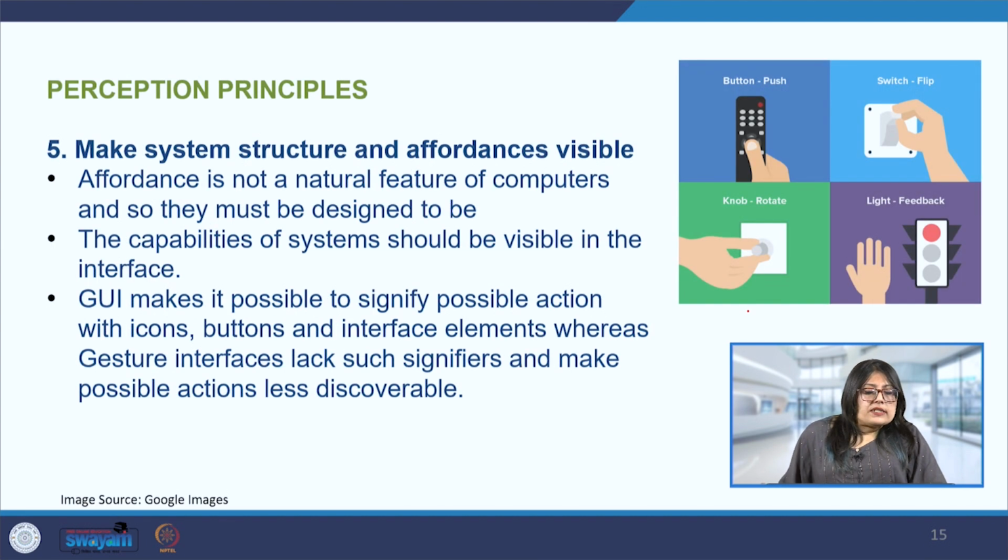Now coming to the perception principles. Here we have: make system structure and affordances visible. Affordance is the message that we get from an object about how the user should use it.